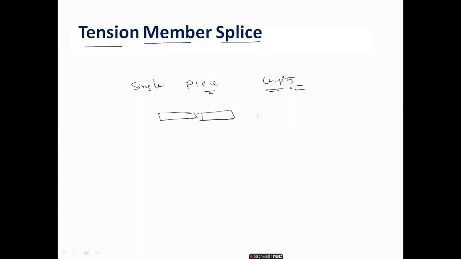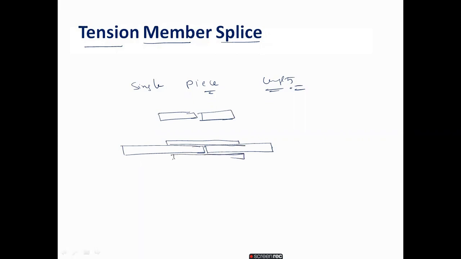For this connection, suppose there is one plate and one more plate, we will splice them together with the help of other plates.